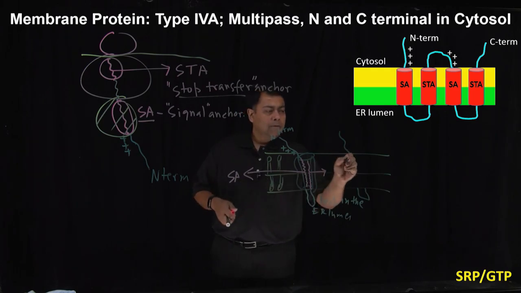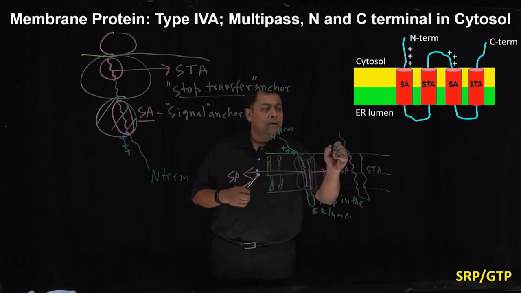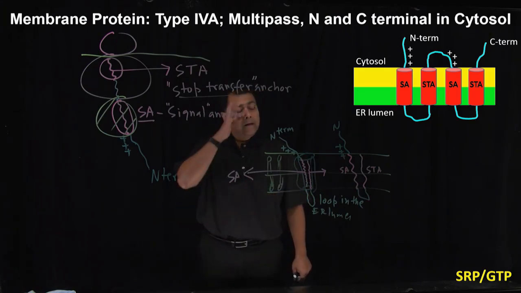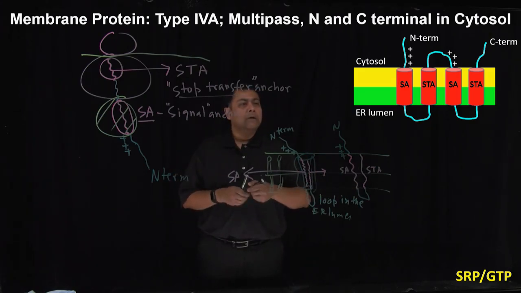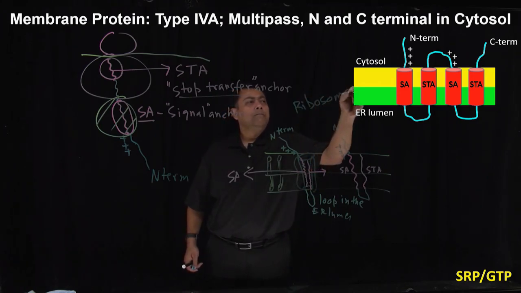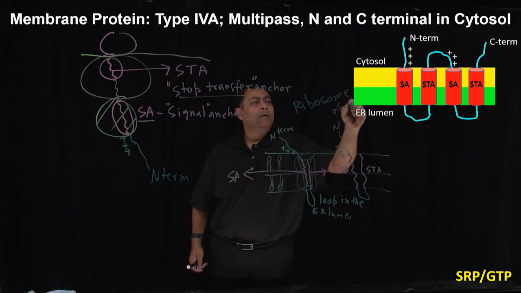You have right here the two sequences, one is SA, another is STA, and right here these are your plus charges, and this is your N. The STA is now in the membrane. Now as the STA and the SA sequence move out, the ribosome moves out of the translocon.